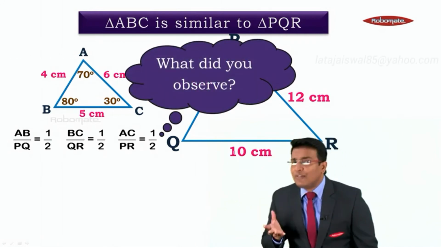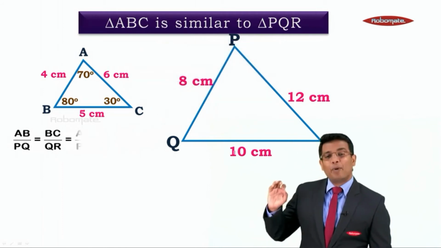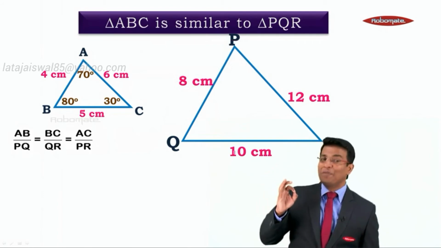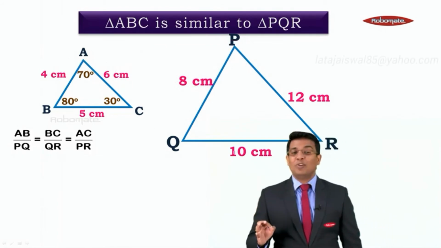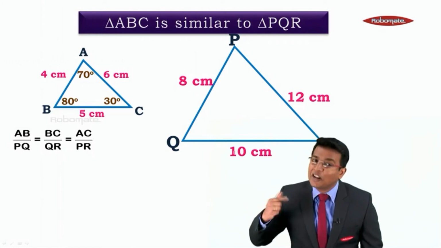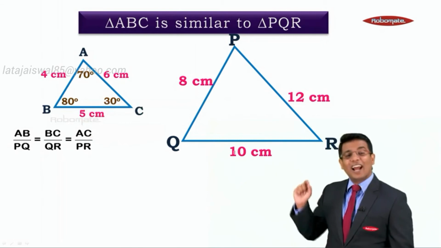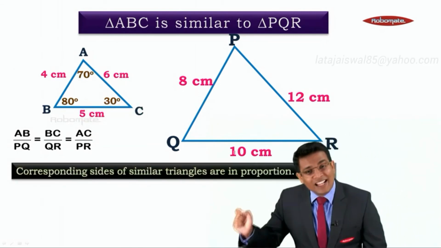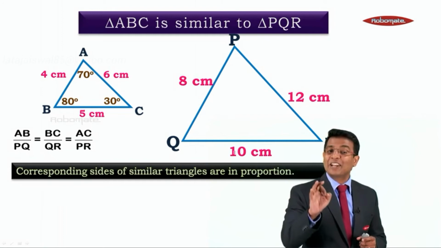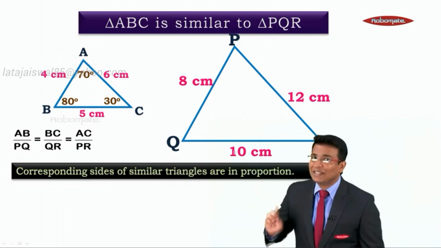So what did we observe here? AB upon PQ is equal to BC upon QR is equal to AC upon PR. That means we got these ratios to be equal, the ratios of the corresponding sides. So we can conclude that the corresponding sides of similar triangles are in proportion. Proportion means the ratios are equal. That is what happens to the sides when the triangles are similar.